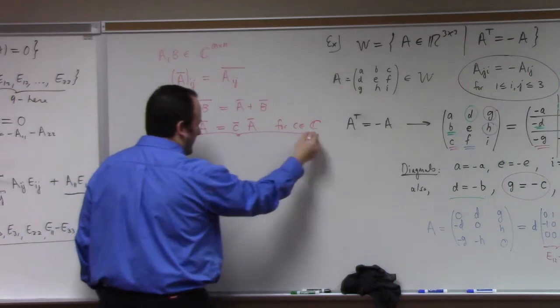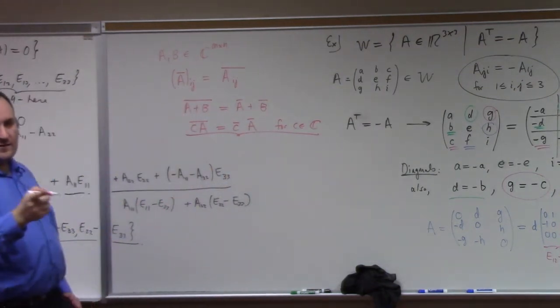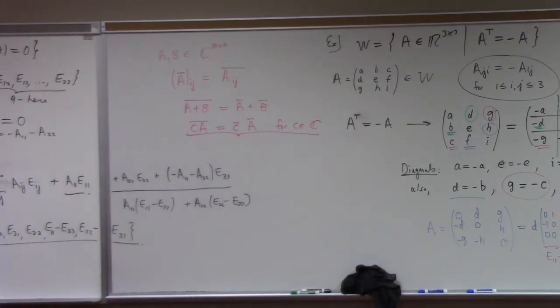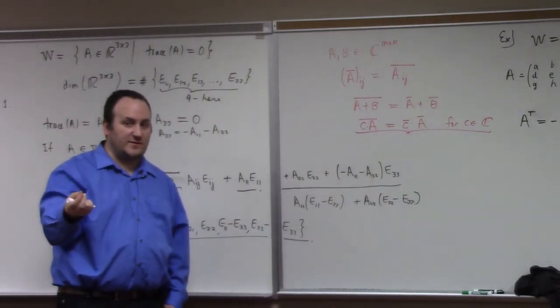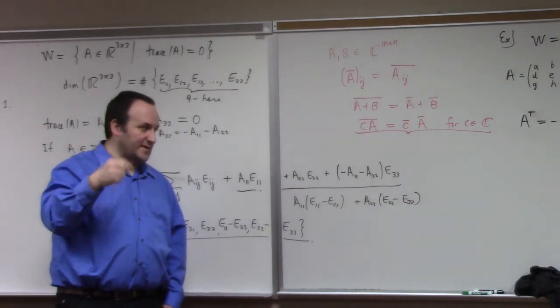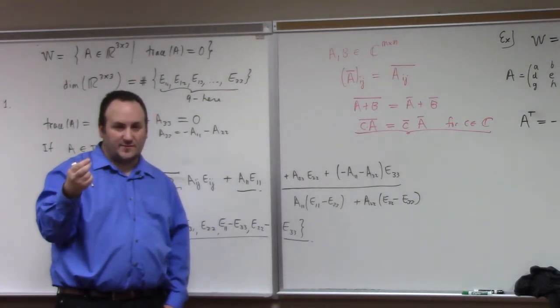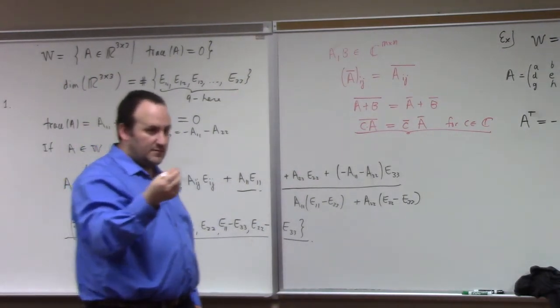Now, in the context that you guys are working on, the set of traceless matrices, the set of matrices whose sum A plus A bar is traceless, right? You're asked to show that that's a real subspace, right? So the scalar multiplication you want to look at for that problem with respect to the subspace test is not C a complex number, but C a what? C a real number.